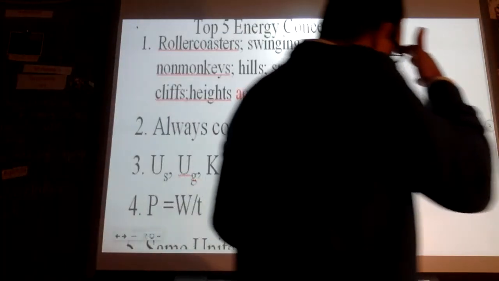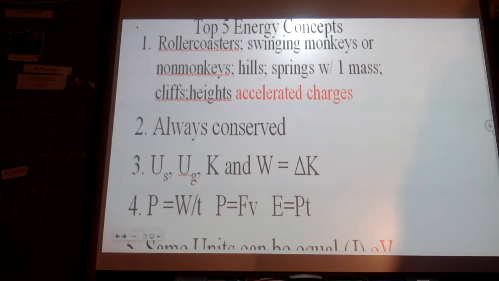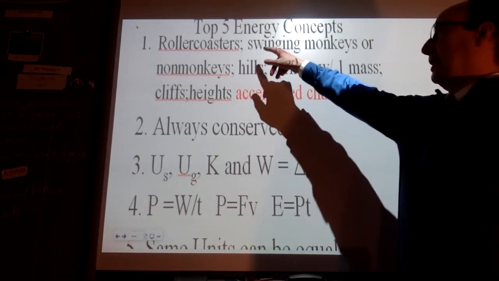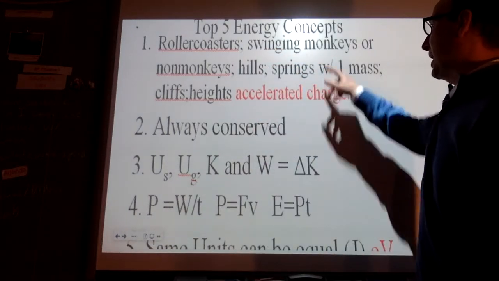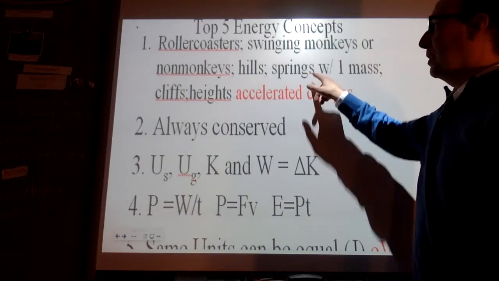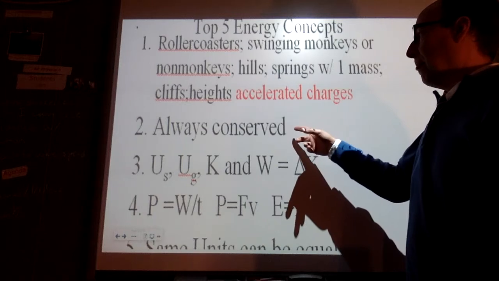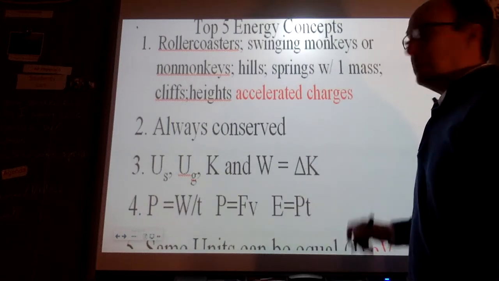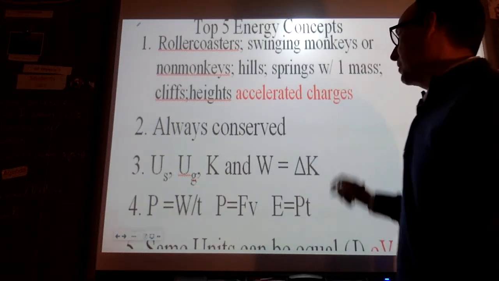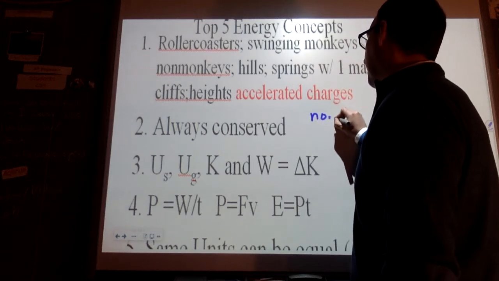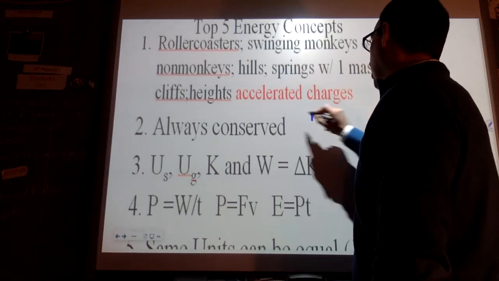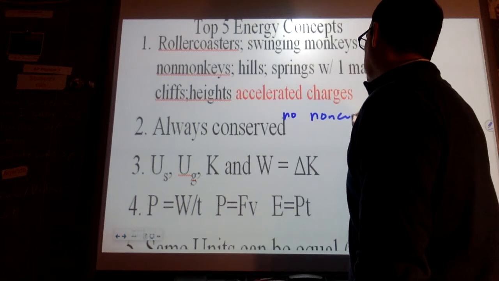All right, so where are we going to see this energy? When we see things like roller coasters, hills, things that are swinging, when we have springs. And for us, this is always going to be conserved as long as we have no non-conservative forces.